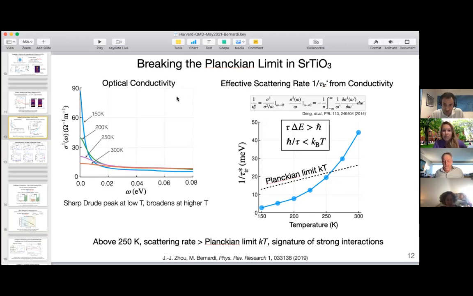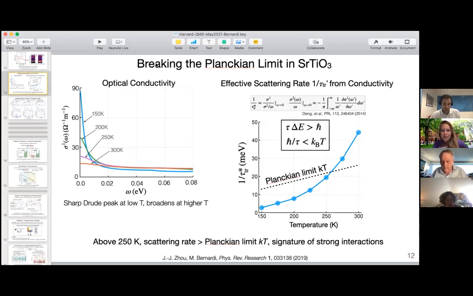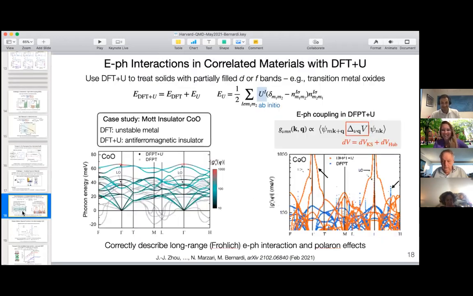Okay. So Jennifer says, isn't the difficulty including DFT and U corrections and EPH calculations a difficulty with the implementation of U? Yeah. Okay, thank you. I know where this is going. So yes, you have to have linear response DFT plus U as the starting point, and that's why we've done this work in collaboration with Nicola Marzari's group, who's been developing this density functional theory plus U in the linear response version.